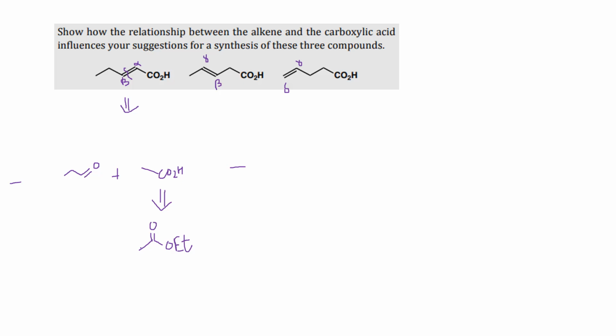Let's take the Reformatsky one, that will be more selective, because in case of aldol, this is also an aldehyde, so there is a probability of reacting at this alpha hydrogen instead of the alpha hydrogen of this ester. To make this more selective, we can perform Reformatsky rearrangement.